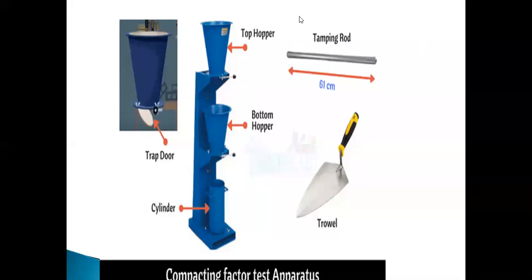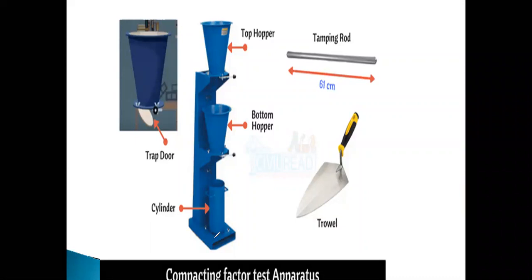When the concrete is placed into the upper hopper, we open this trap door, and the concrete will fall down into the lower hopper.